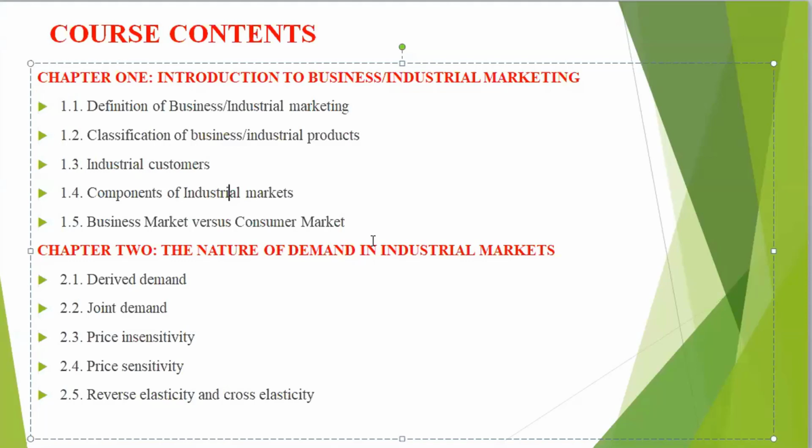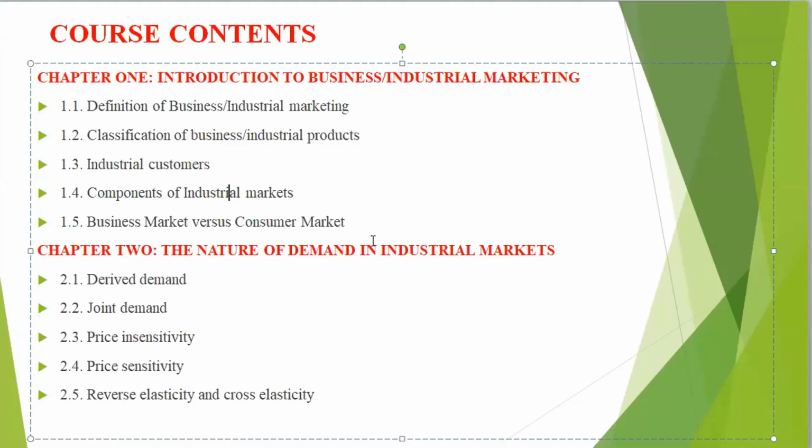Let it be, a car is an industrial product. As a result of purchasing a car, they need fuel, they need tires and other accessories. So the need for fuel and the need for a tire would be a derived demand.